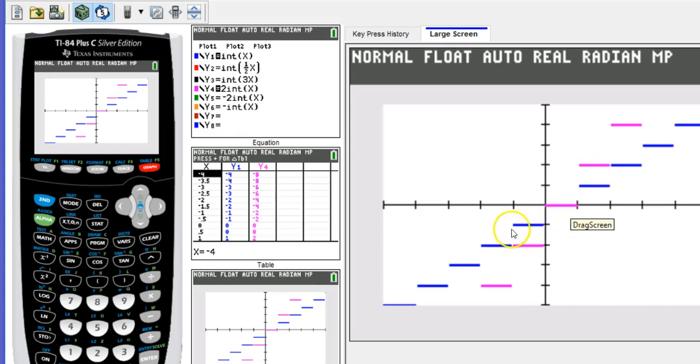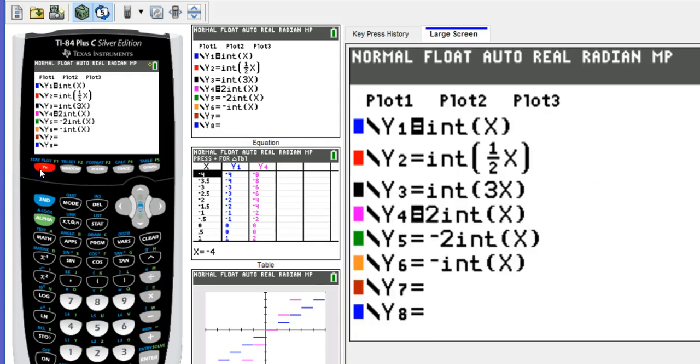But instead of the blue where it goes over 1, up 1, over 1, up 1, the pink ones go over 1, up 2, over 1, up 2, slide over 1, up 2. See it? So it's going to stretch your graph vertically. So it's going to make the steps between them more dramatic.